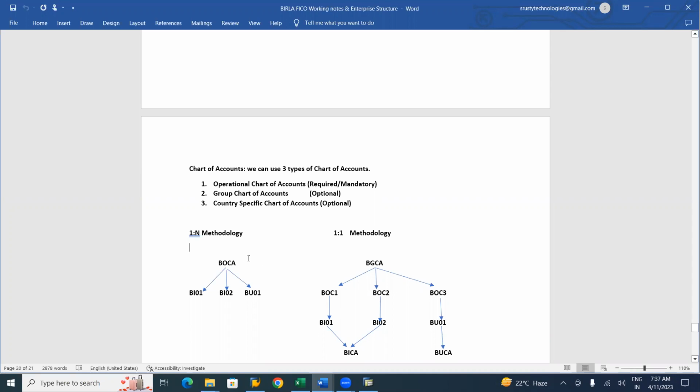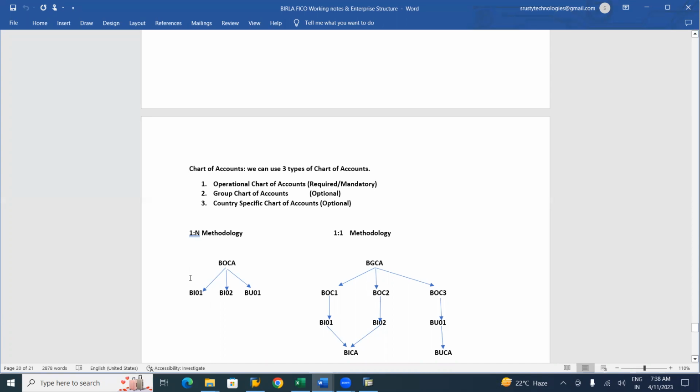So what is the difference between these two? When we are following 1:n methodology, meaning one chart of accounts for all member company codes, intercompany transactions are possible. Cross company code costing is possible when we follow 1:n methodology.